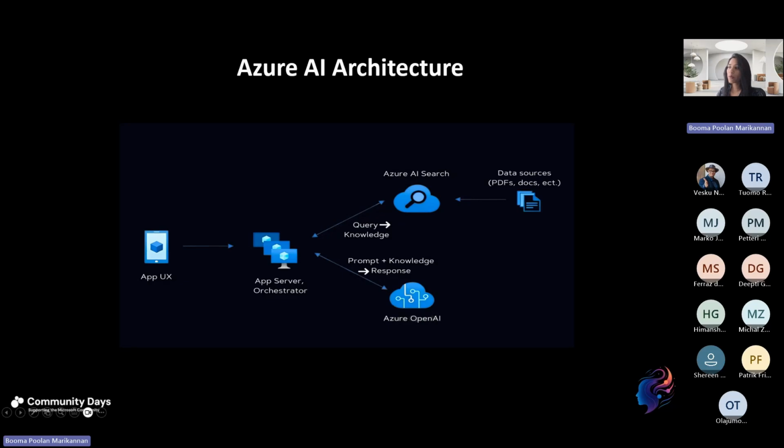So there, the prompt plus the knowledge which has been extracted from the data source plays a role. And, as I said, the magic begins with the help of OpenAI. Now we will be getting a precise response to showcase in the app UX, right? So this is the architecture.